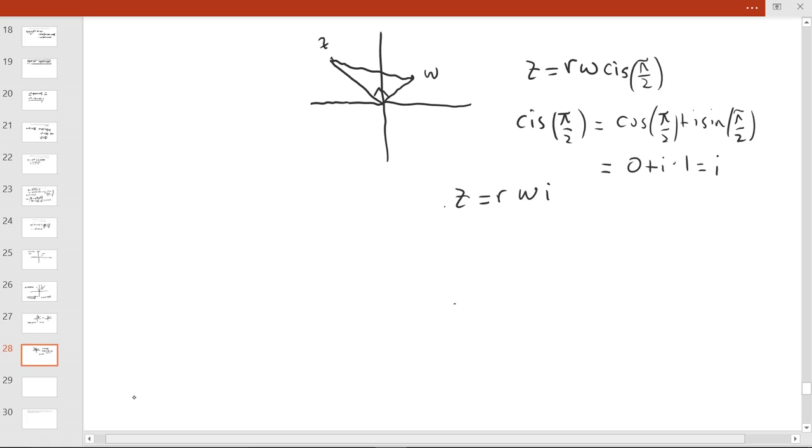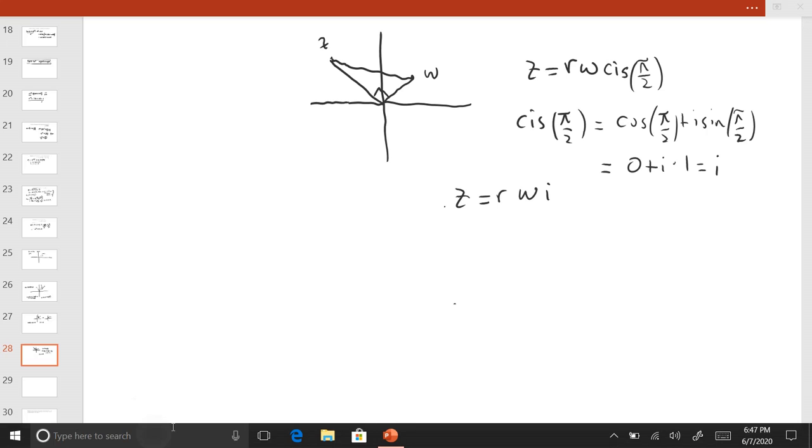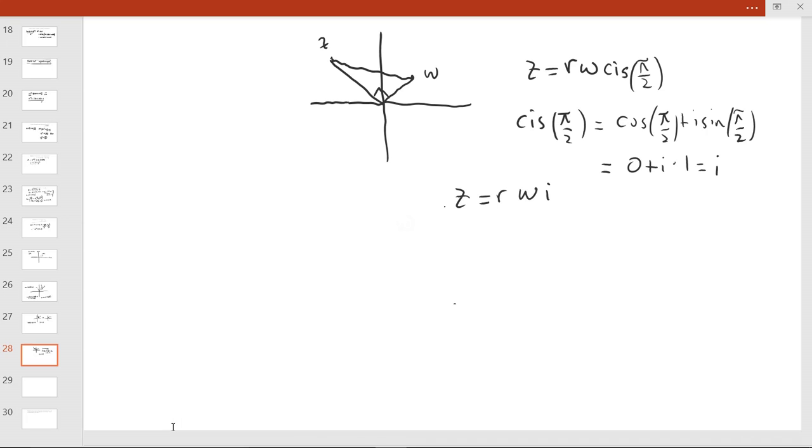Now, taking things to the other side, this means that z over rw is equal to i. So the ratio between z and w must be purely imaginary. We can sum this up as follows.